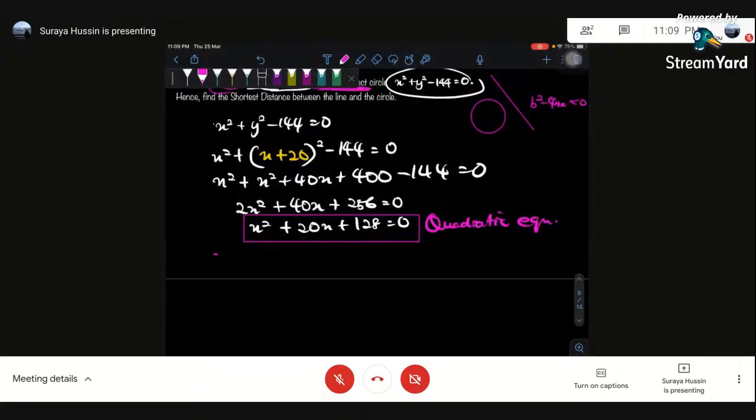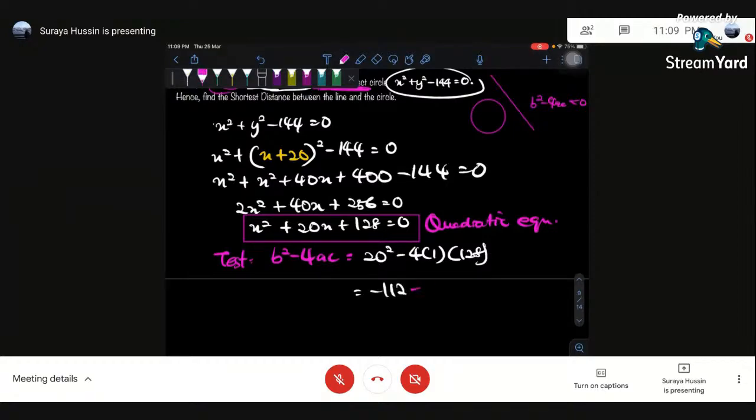Betul. So test B squared minus 4AC. Masukkan B. B adalah 20 squared minus 4, A is 1, C is 128. So you use your calculator and you figure out that this is actually negative 112, iaitu less than 0.